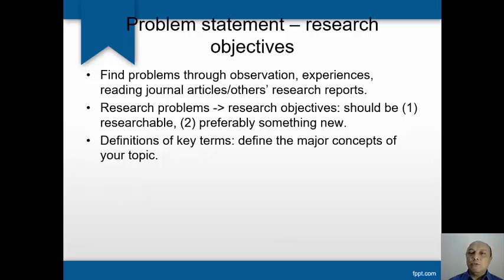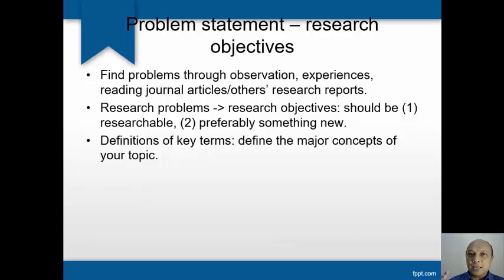Okay, and then once you decide on the problems, then you have to state the research problems or research objectives. Now, the research objectives should be researchable. What is researchable? Researchable means that it must be able to be answered through research.